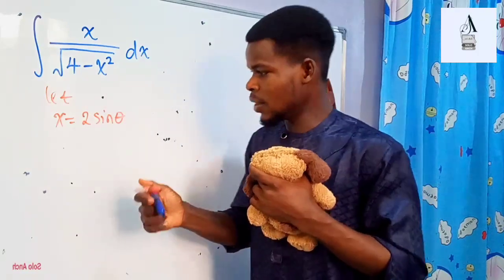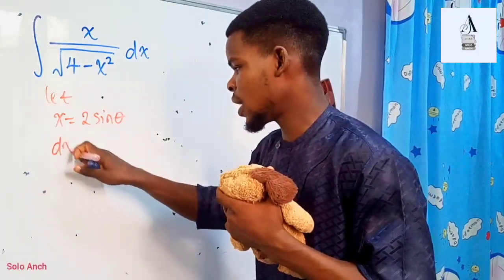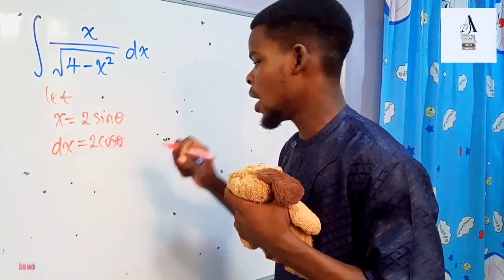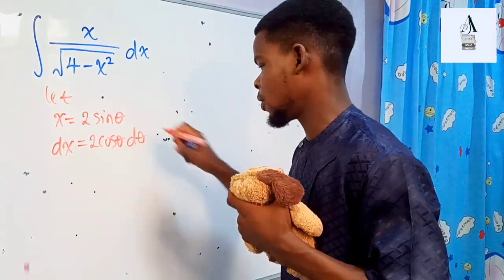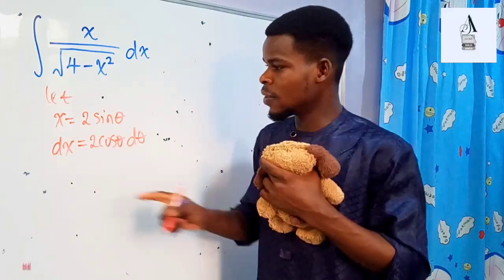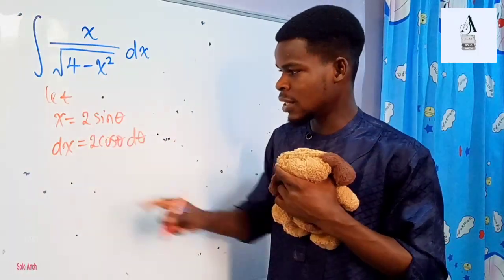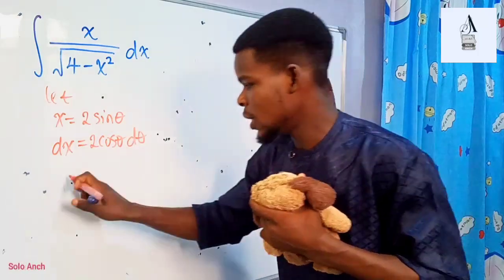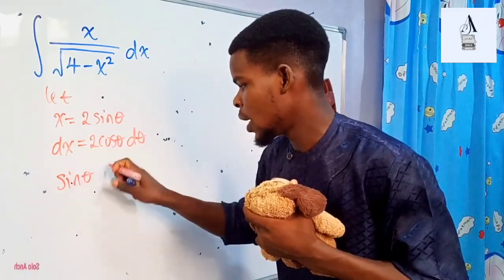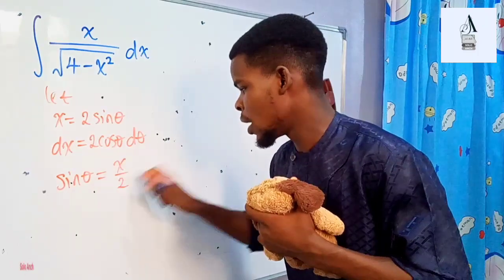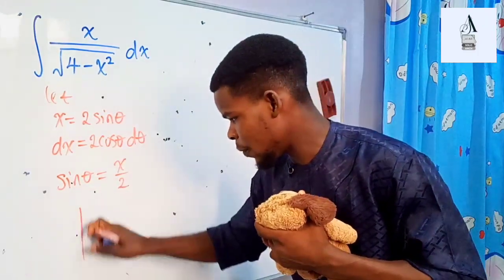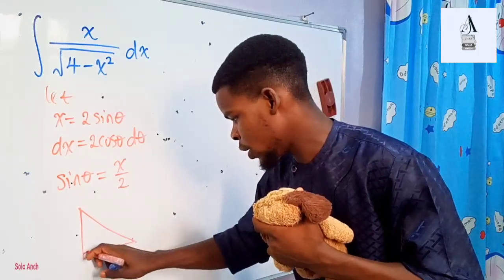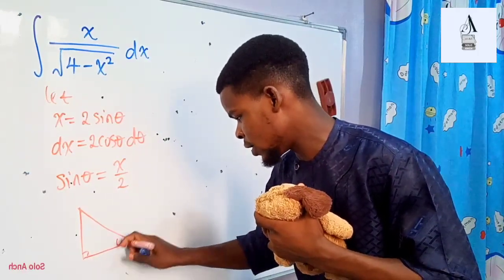Given that, dx, if we differentiate with respect to theta, we're going to have 2 times the cosine of theta, and we can put the dx over here. Given that x is 2 sine theta, if you divide both sides by 2, that means sine theta will become x over 2. That makes me curious, because I want to look at this on a right angle triangle, where this is the right angle and this is the theta.